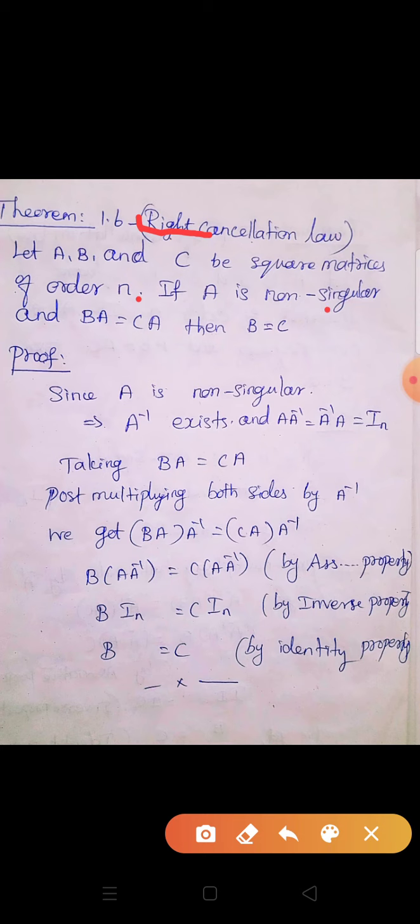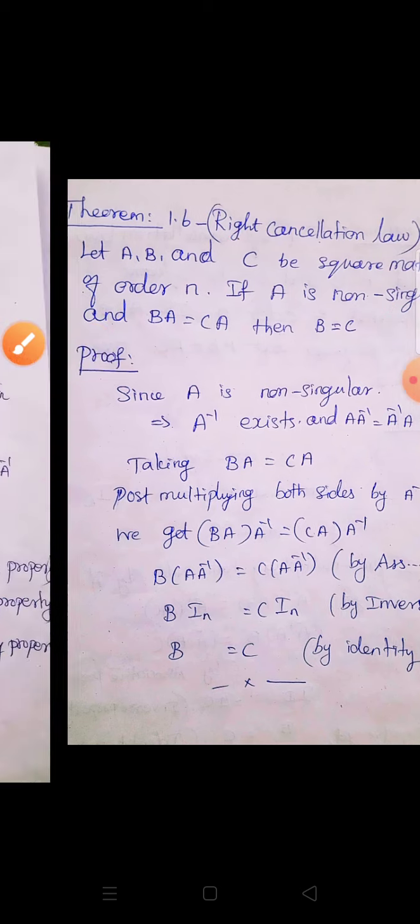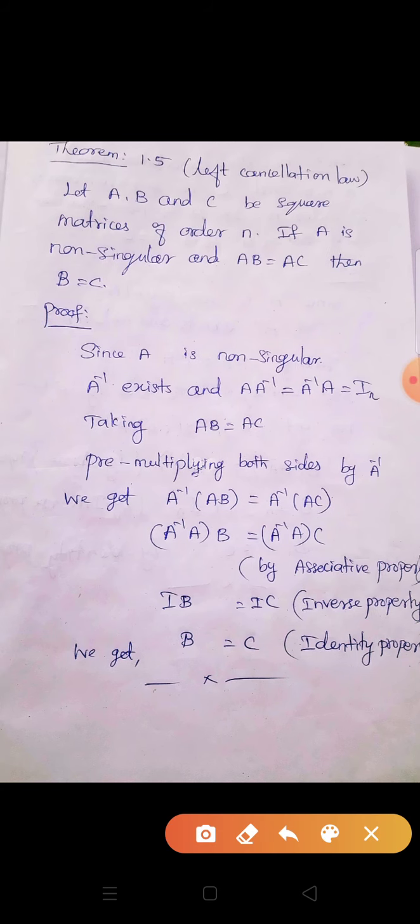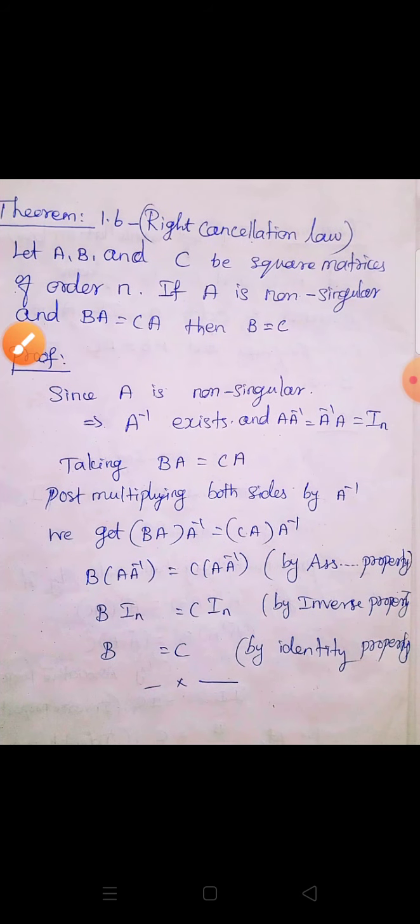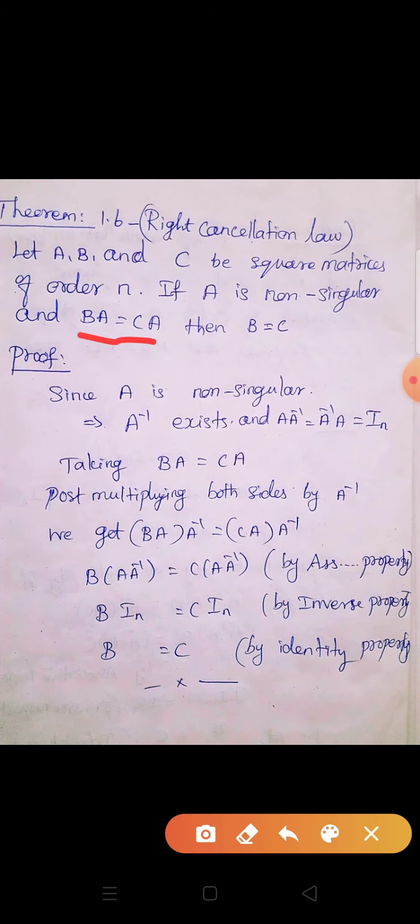If A is non-singular and BA is equal to CA, then B is equal to C. In the left cancellation law, AB is equal to AC. Now the right cancellation law is BA is equal to CA. We just change the position of matrix A.